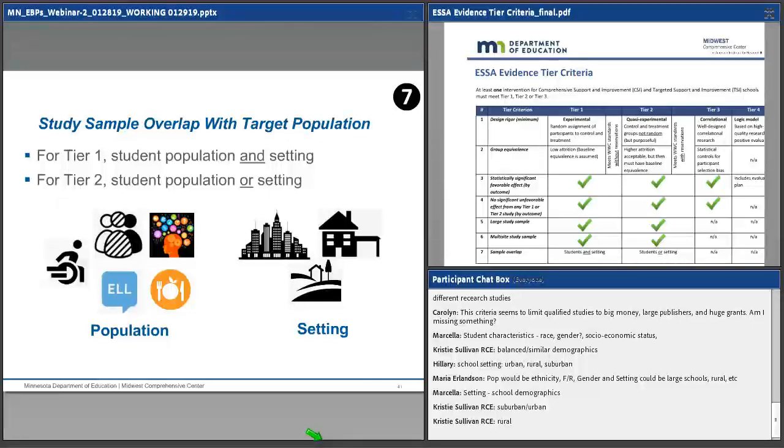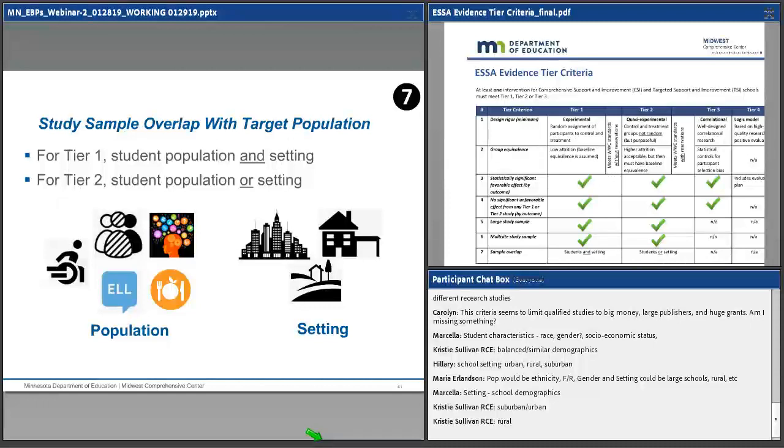We did have one comment here expressing some fear that the criteria around a multi-site study may limit studies to a certain extent to large publishers, to huge grants, to studies that have a lot of funding. And I would say that there could be a correlation between that and the number of sites that you include in the study. I think this question was referring to criteria 6. But I would say that the bar is actually quite low for criteria 6.